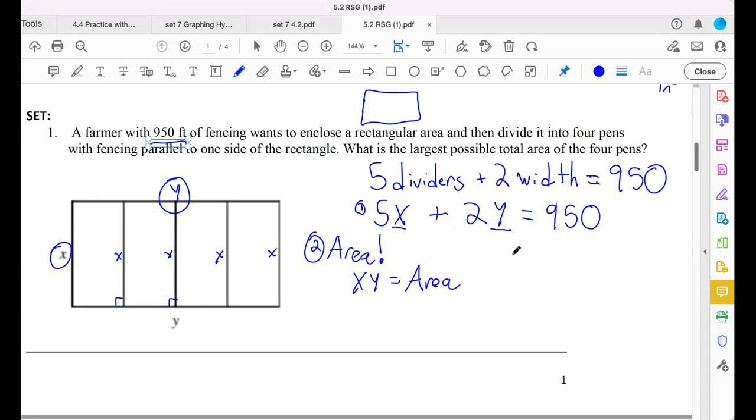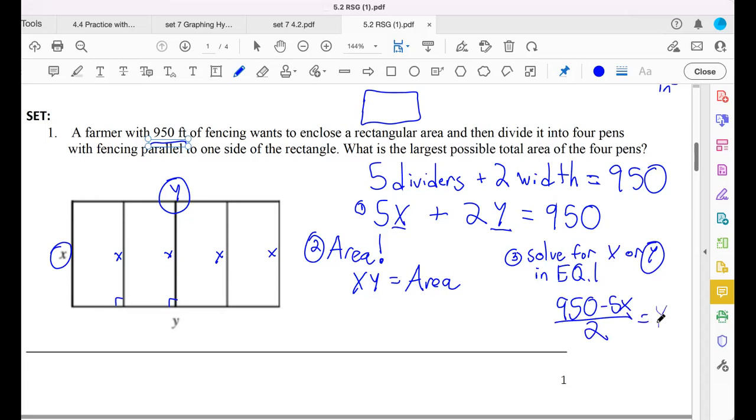But now what you want to do is solve for x or y in equation 1. I'm going to personally solve for y. If you do that, you're going to have 950 minus 5x, and then dividing all of that by 2.